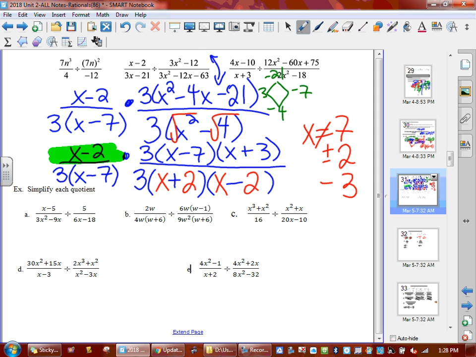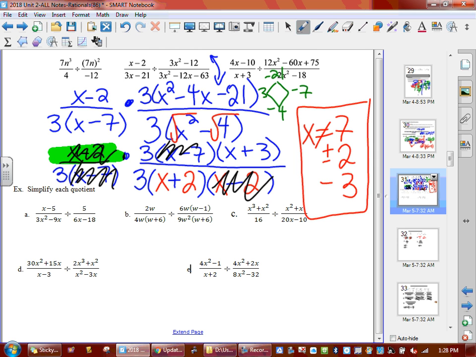Now we can wipe things off. Okay? So what do I get to wipe off? x minus 2 goes away. x minus 7 goes away. What else? Some 3's right up and down. They go. Okay, now we're going to write down everything else that's left over. I'm going to highlight that in yellow.